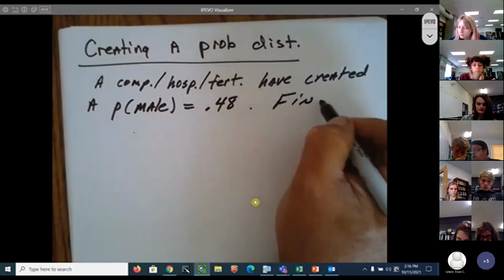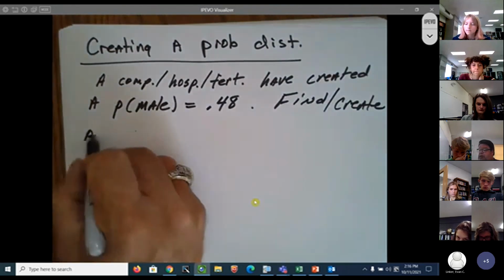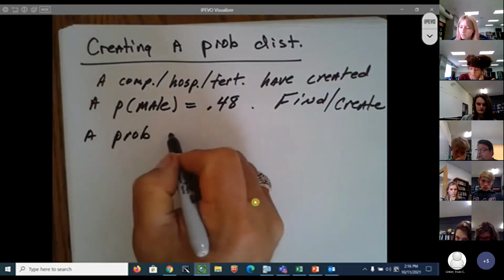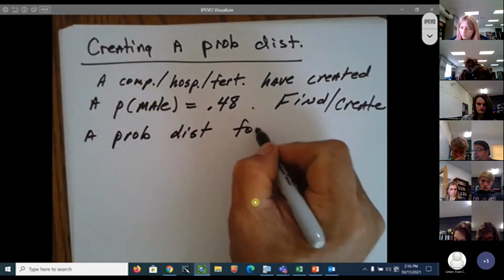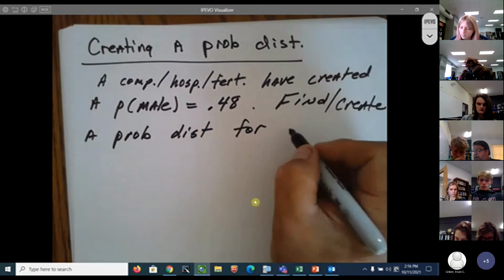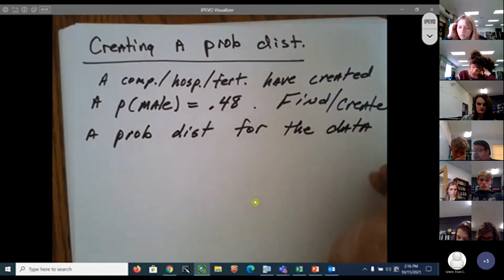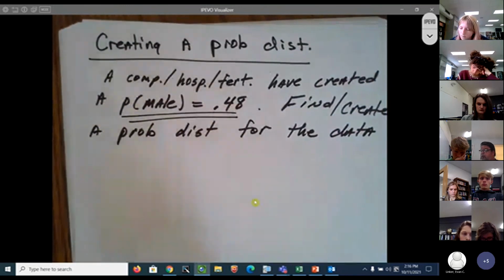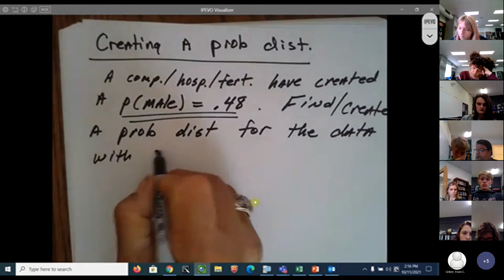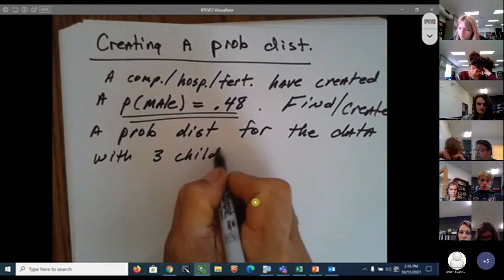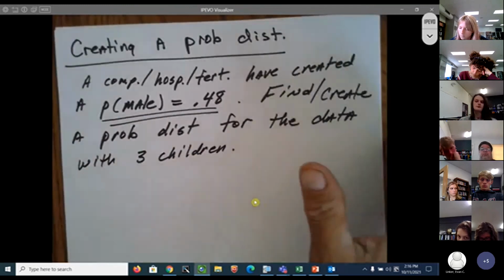Find or create a probability distribution for the data. So this is the data given, and they want you with 3 children. Okay, that's what the question will read, something to this effect.